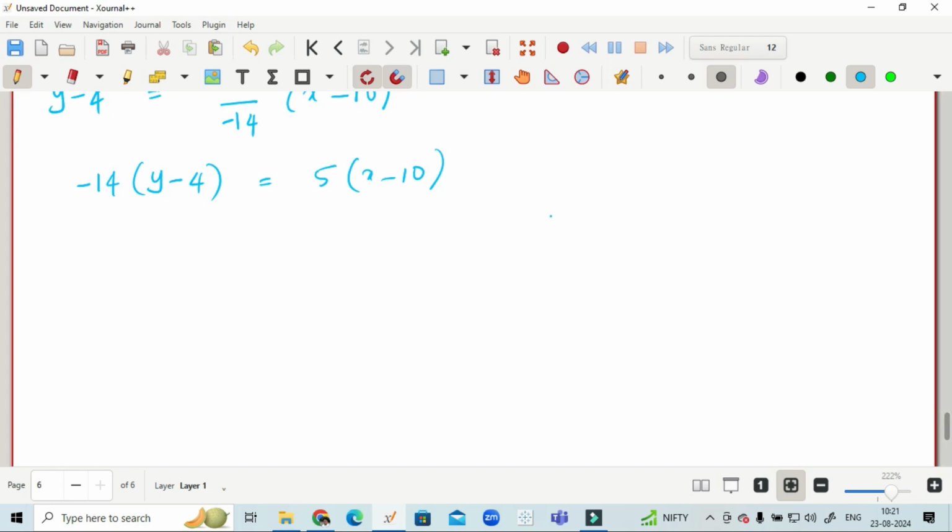So -14y, 14 times 4 is 56, so minus into minus is plus, and this is 5x minus 50.